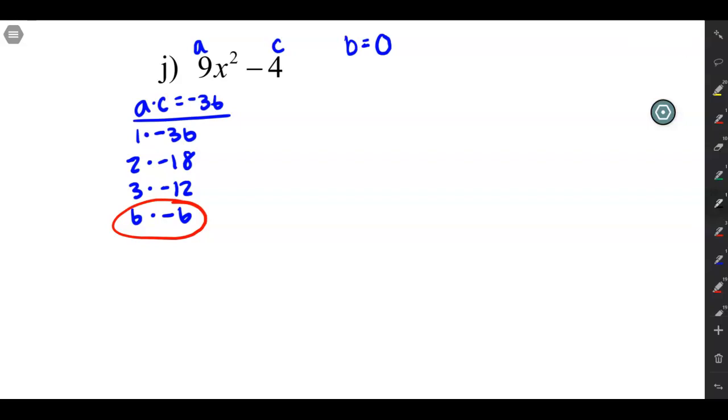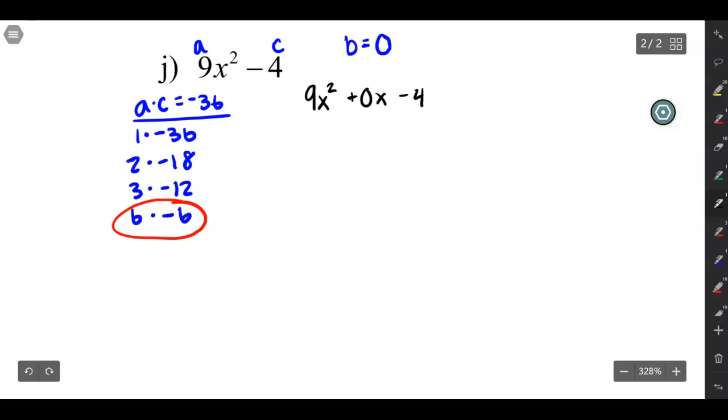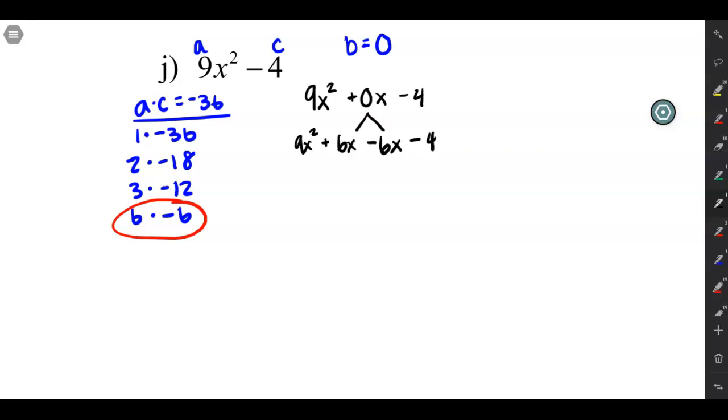So let me show you one way of thinking about and writing this. You could think about this as 9x squared plus 0x minus 4. The 0x in there is just adding 0. Then I can separate this 0x into 6x minus 6x, and keep the rest of it the same. Now notice that if I were to add this together, the 6x and the negative 6x would just cancel out.